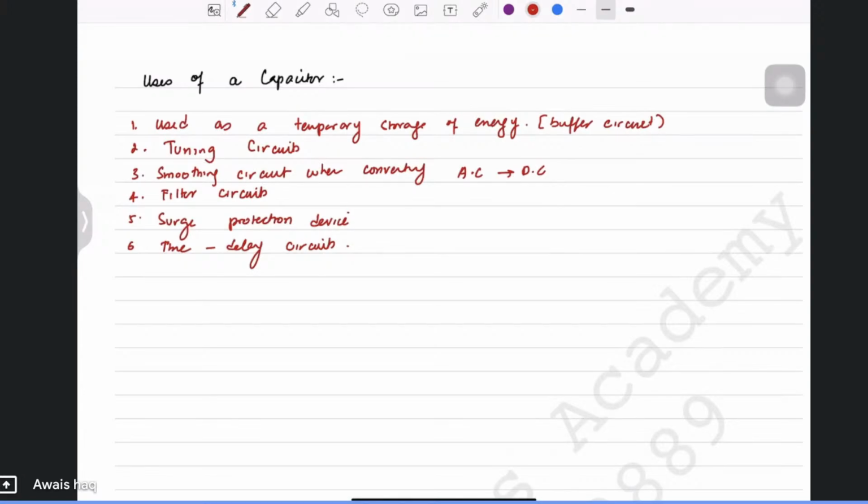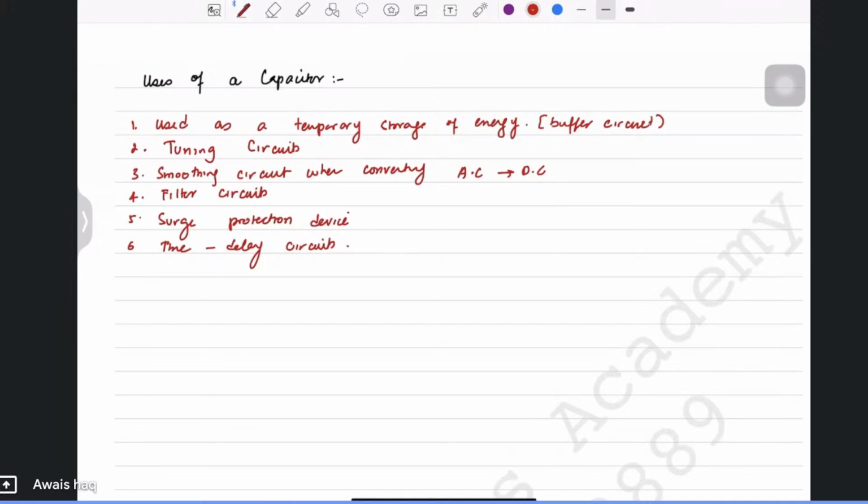Surge, yes. If there's a large current that flows, you can actually protect something. Now, tuning circuits are basically in musical instruments. You use them to tune something, like auto tune. That is when singers are really bad at singing, but the computer can tune their voices.